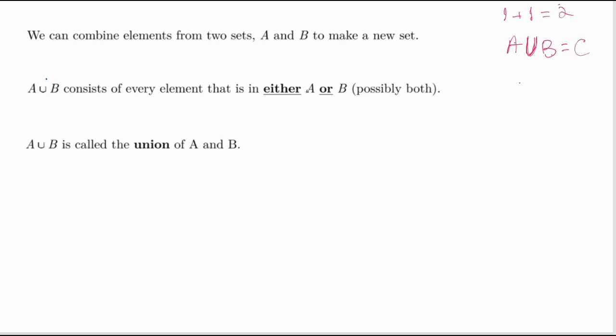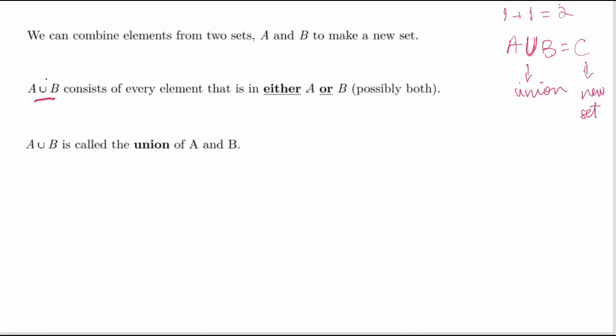For set operations, I'm operating on two sets, set A and B, and this operation results in a new set. This is called the union operation. And how does this operation work? Well, it works like this.